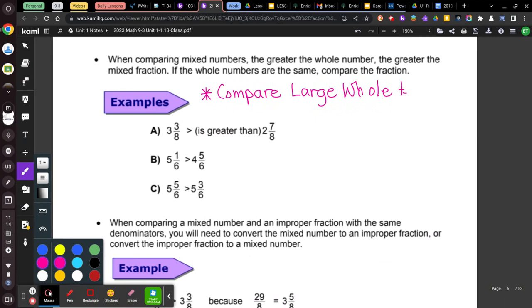So you want to see who's bigger of that whole number. Okay? So which one is going to be bigger? So I've got 3 in front, and here I've got 2 in front. Well, which number is bigger? 3 is bigger than 2. So this guy is bigger.